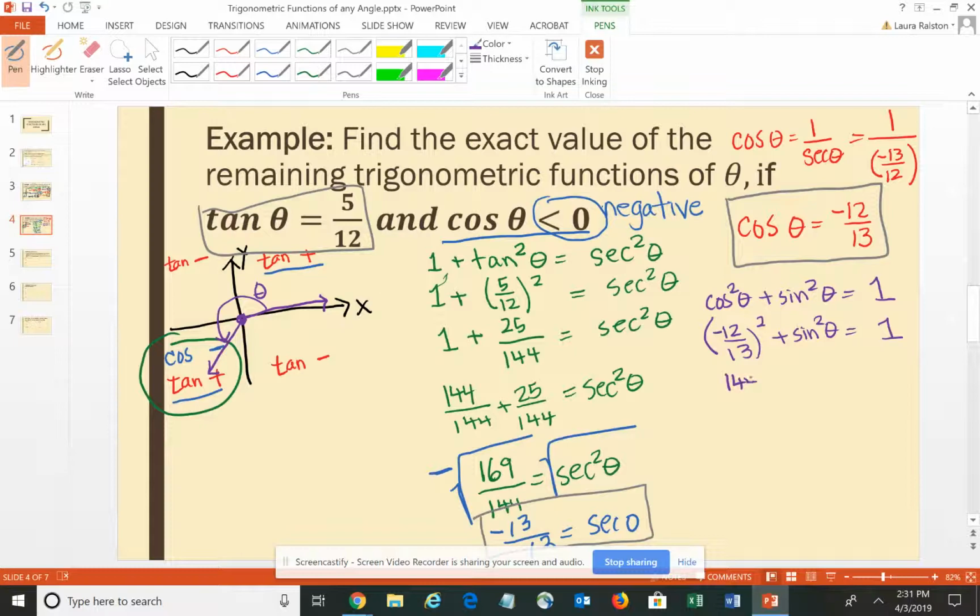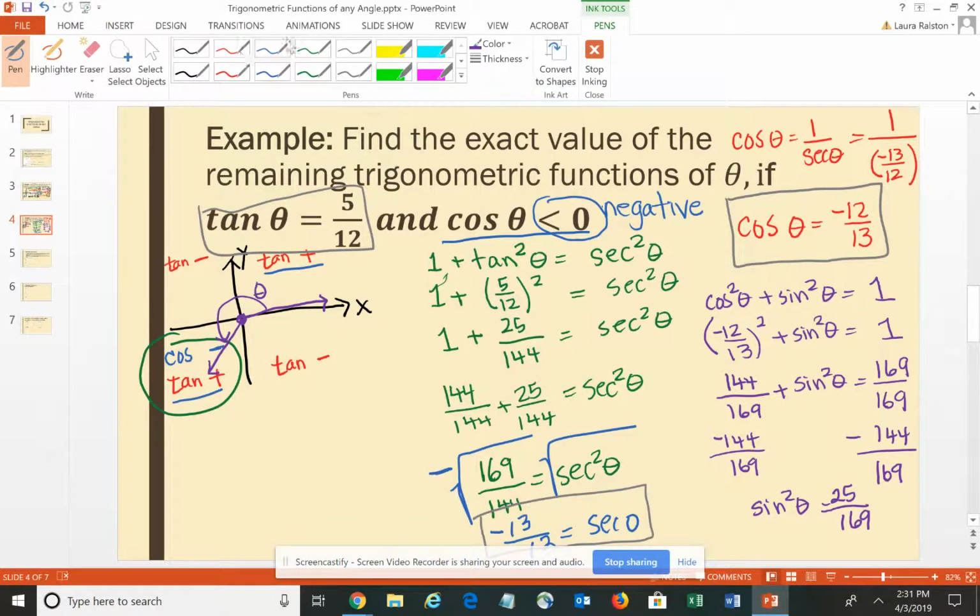So I have 144 over 169 plus sine squared theta equals 1 whole. And I'm going to put that in terms of 169 because then I'm going to subtract 144 over 169 from either side to isolate the sine squared. So I have sine squared theta equals 169 minus 144 is 25 over 169.